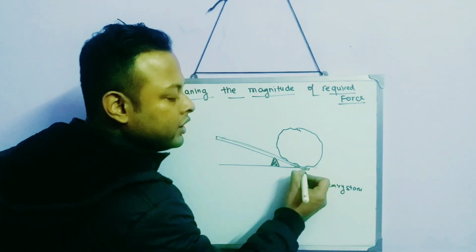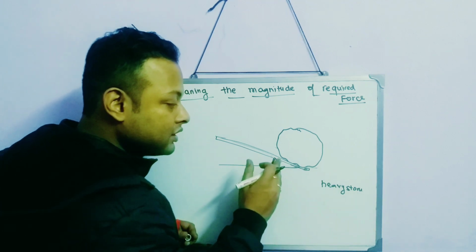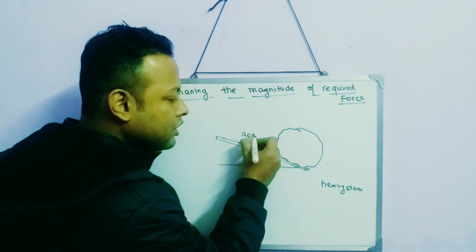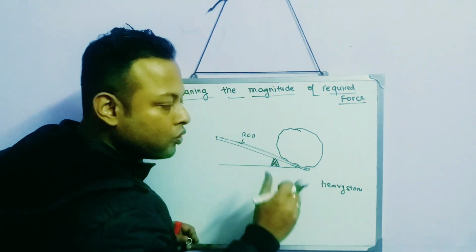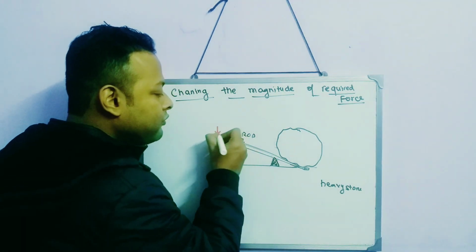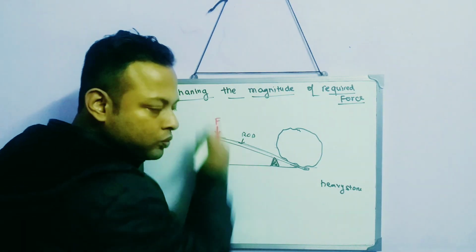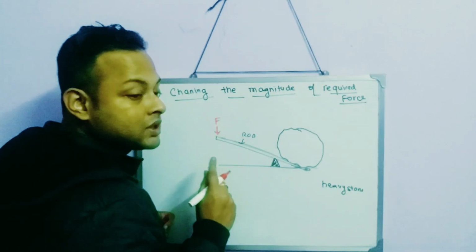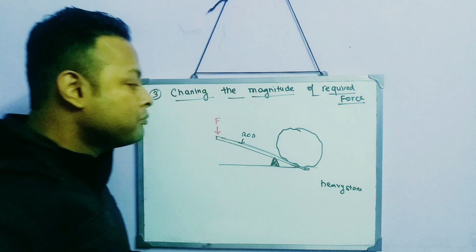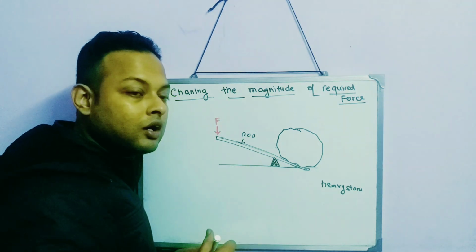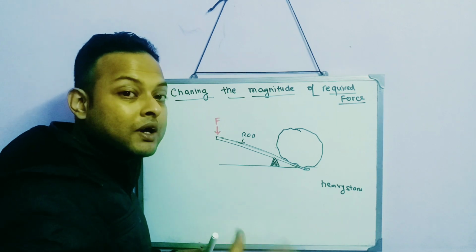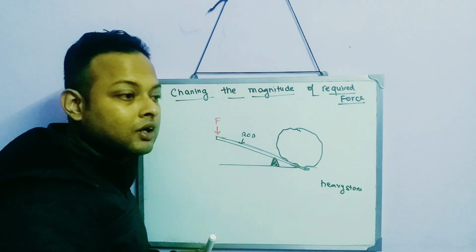And this rod is going under the stone. Now, if I apply the force at this end, like this way, now it is possible to lift this rock. So what happened? By using this rod, I increased my force. I multiplied my force.